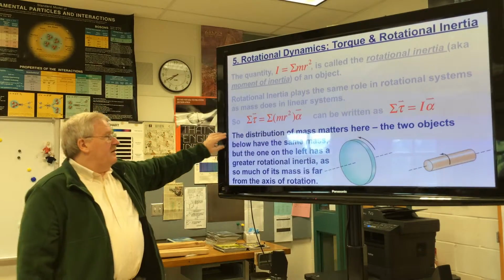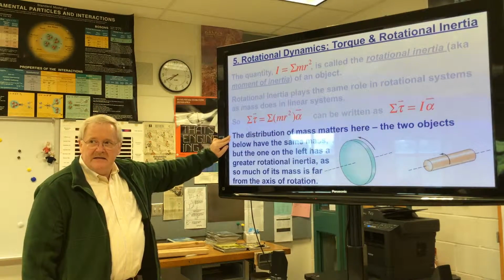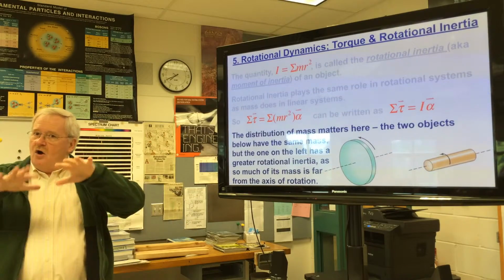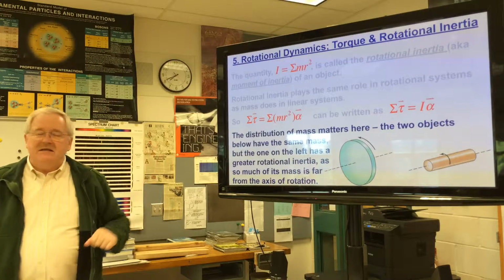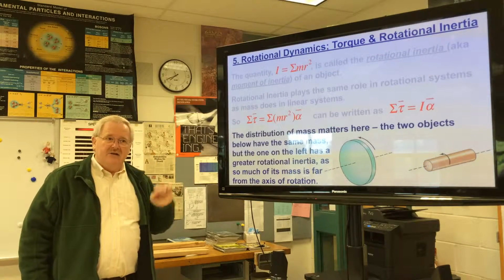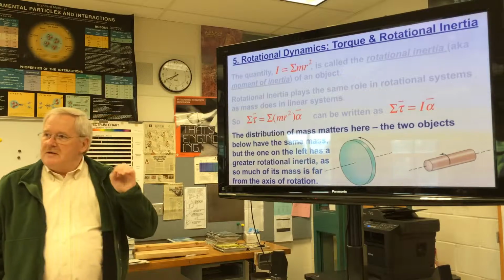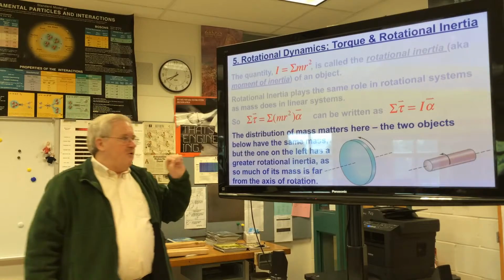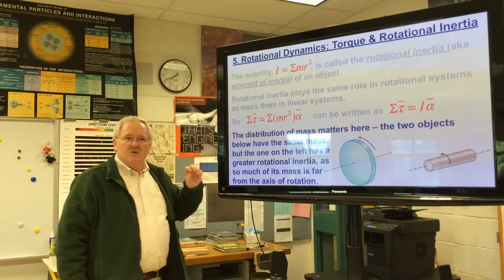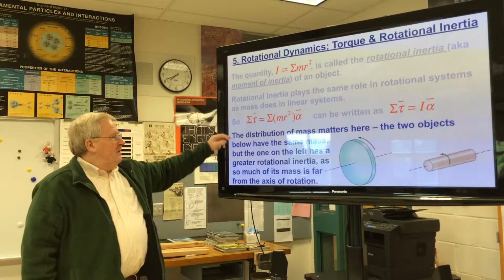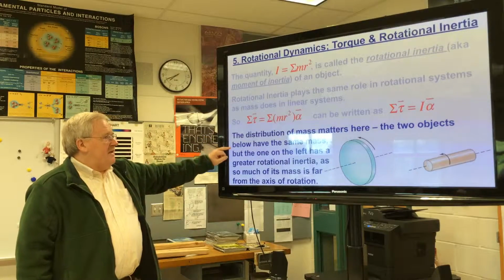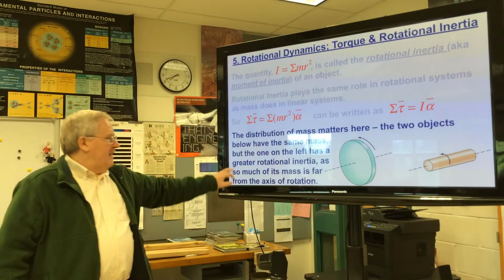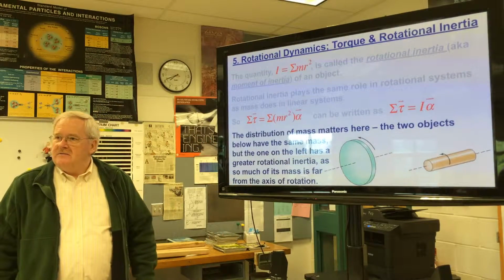As I just noted, the distribution of mass matters here. We can no longer ignore that we've got an extended object, that is, that it actually has physical dimensions, like we do in translational motion. In translational motion, we're always looking at the center of mass, right? But in rotational motion, we can't just look at the center of mass anymore. So, the two objects have the same mass, but this one here has a greater rotational inertia.